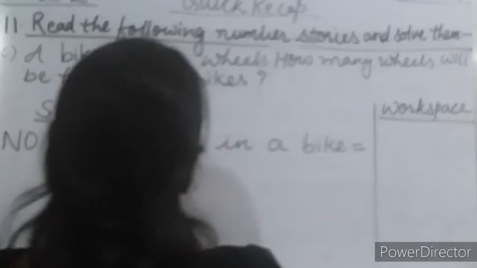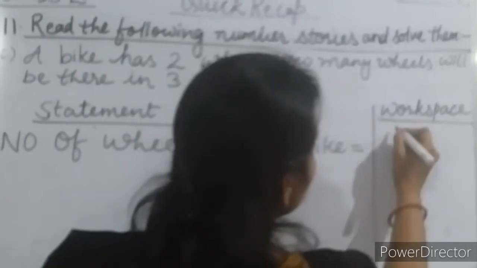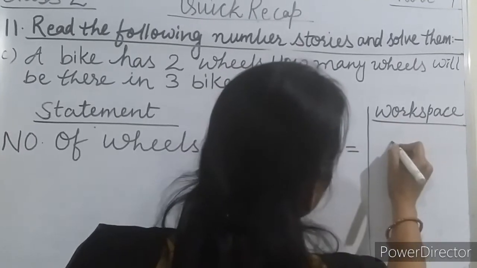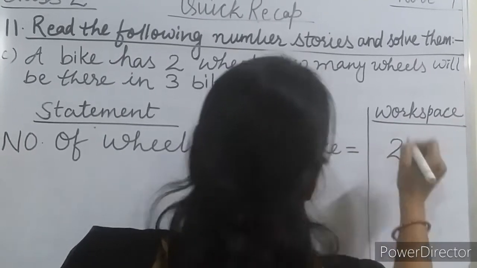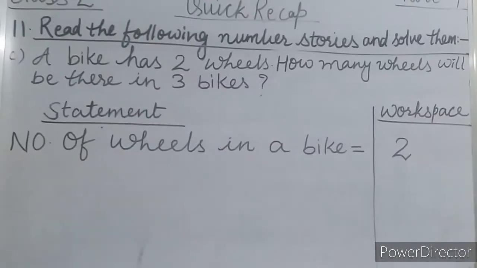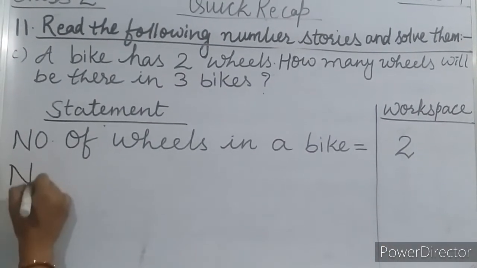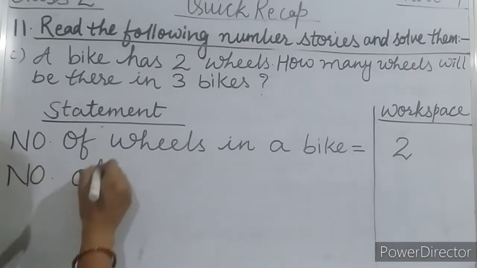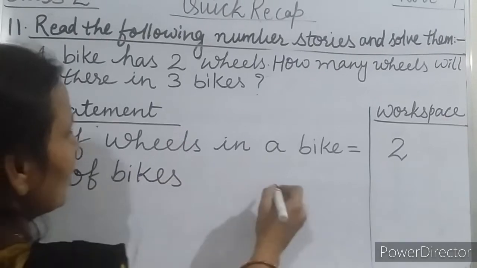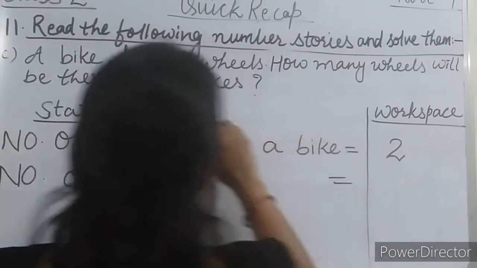So here number of wheels in a bike is equal to 2. So how many wheels will be there in 3 bikes? So what do you have to write? Number of bikes. So number of bikes is equal to 3.